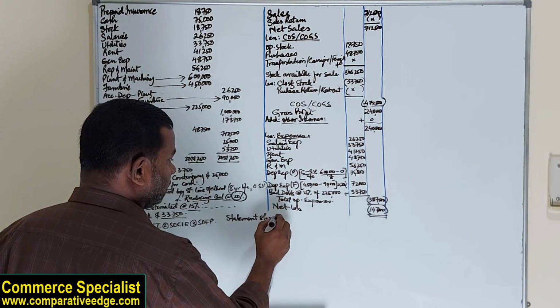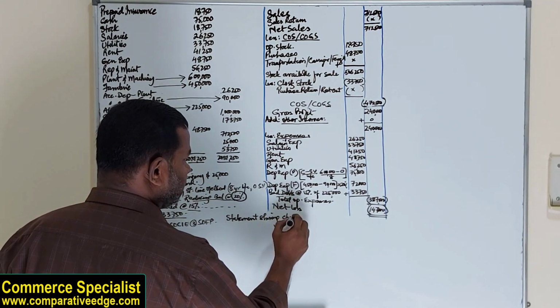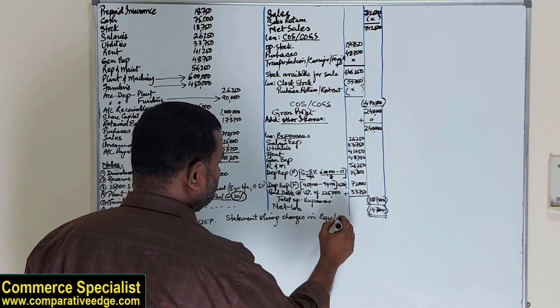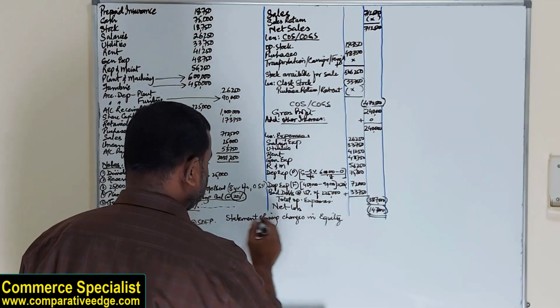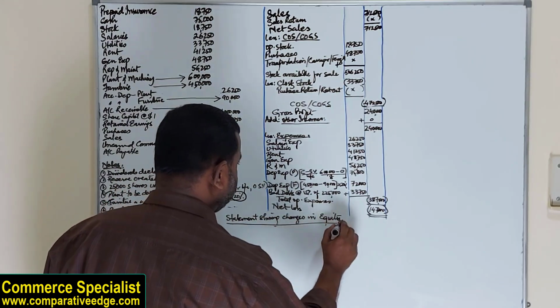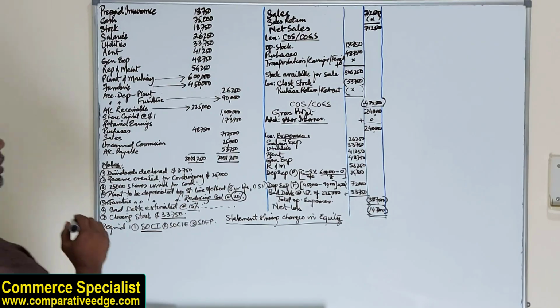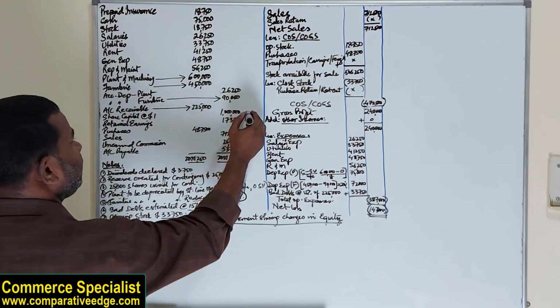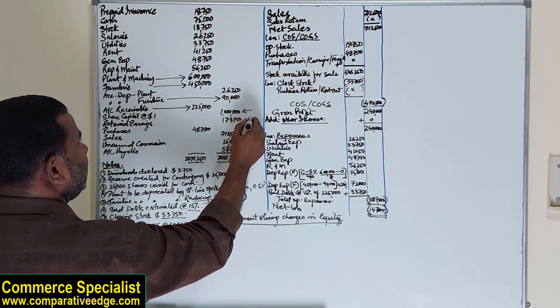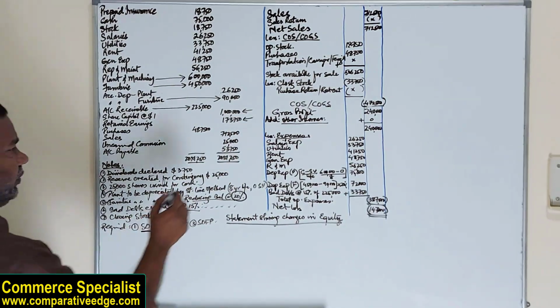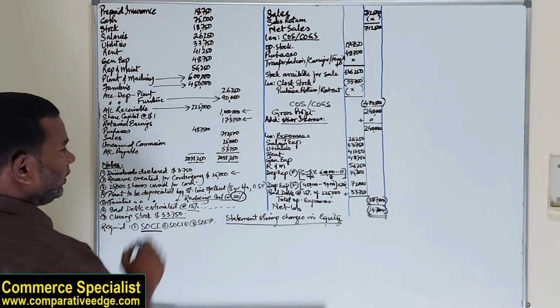Okay, so I'm calling it statement showing changes in equity. Now, when you look at equity items, we have share capital, we have retained earnings, and we also have reserve here.